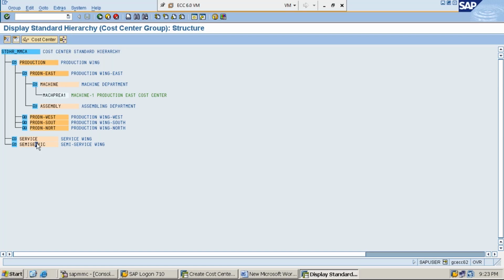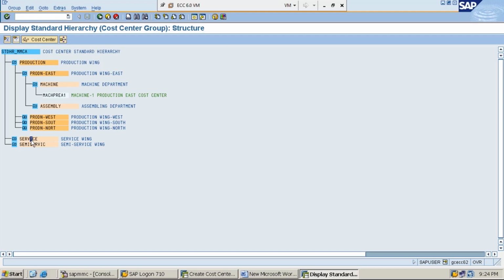No. Services. Definitely it will come under services, because whatever activities are performed by the marketing department are purely service in nature, not manufacturing or production in nature, correct? Yeah. So if you want to create a cost center with respect to marketing activities, that should be created under service.